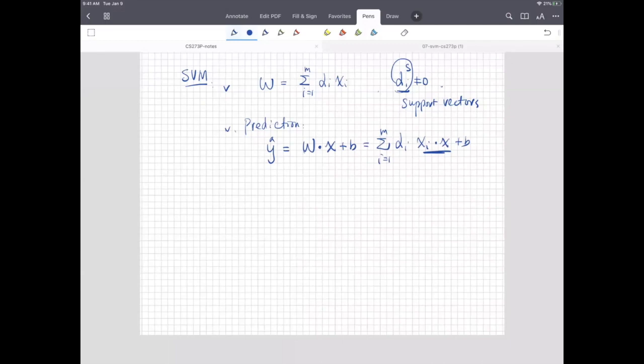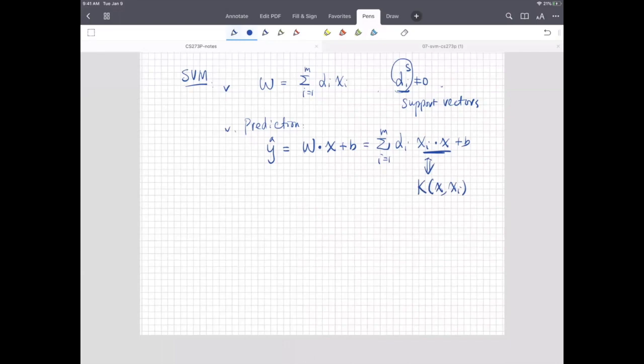Now, if I generalize this to using augmented features, this will be the kernel between x and x_i. That will be the kernel version of the inner product between two vectors.